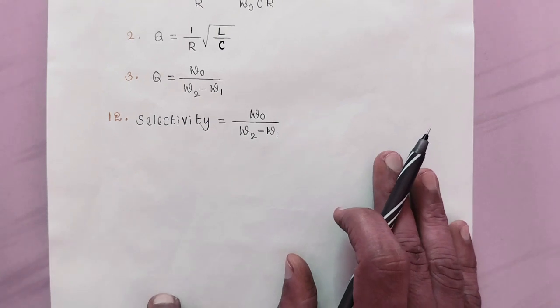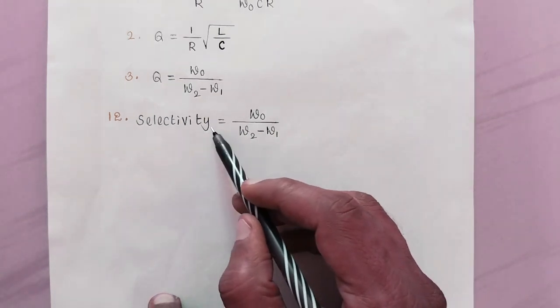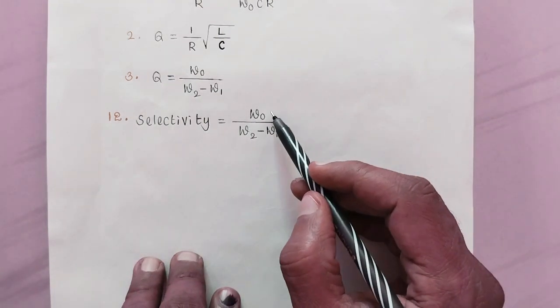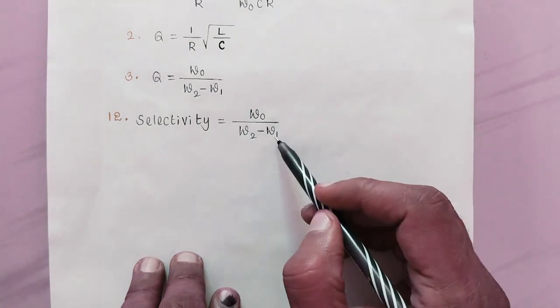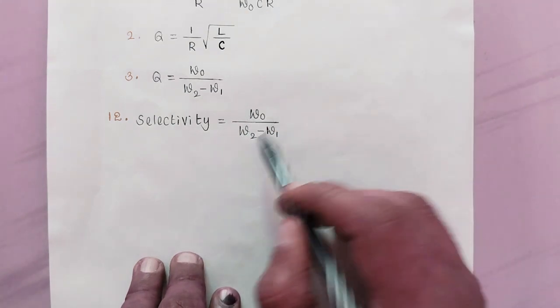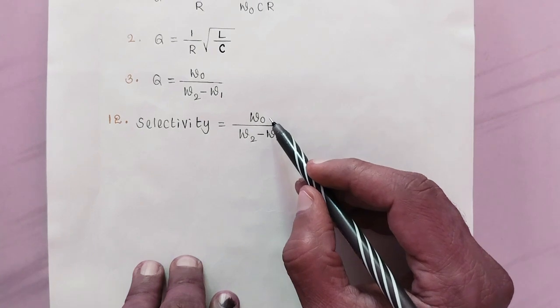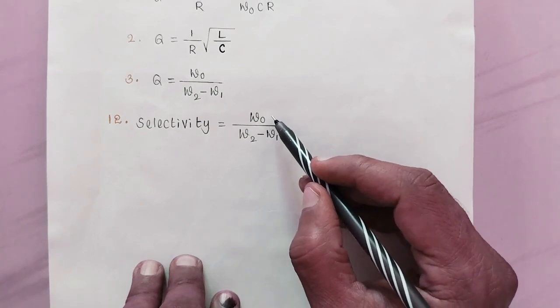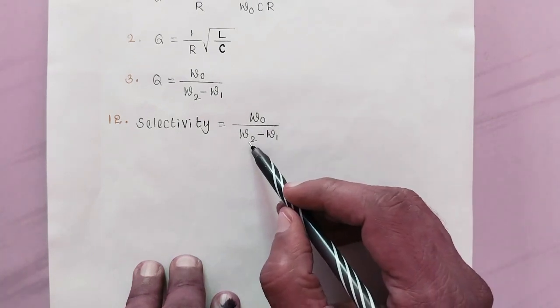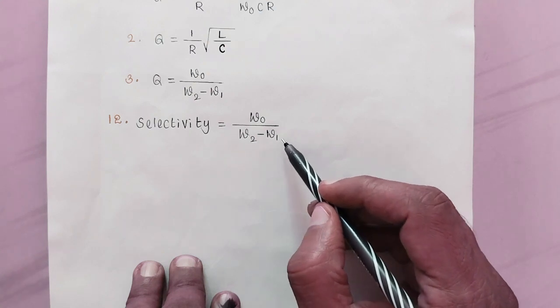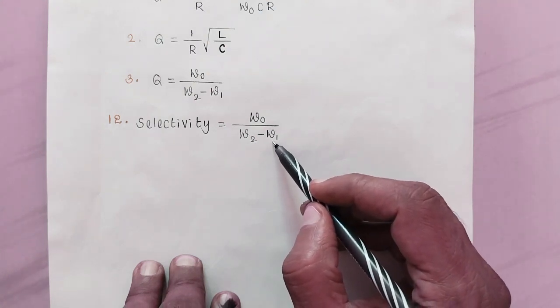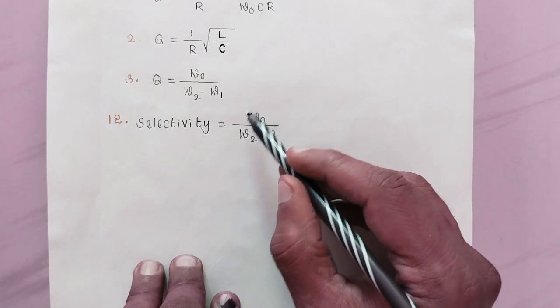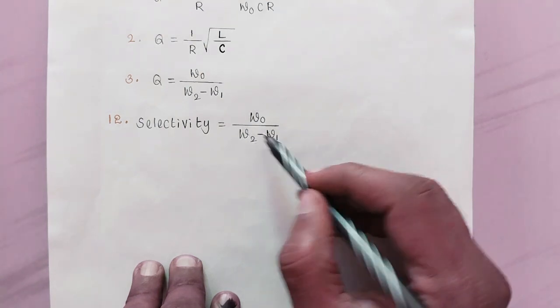The next and last expression is selectivity. Selectivity is also equal to omega naught by the difference of the cutoff frequencies, where omega naught is the resonance frequency, omega 2 is the higher cutoff frequency and omega 1 is the lower cutoff frequency. It is the ratio of resonance frequency to the bandwidth.